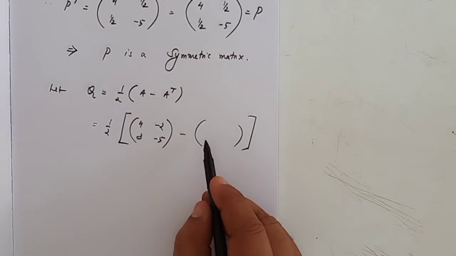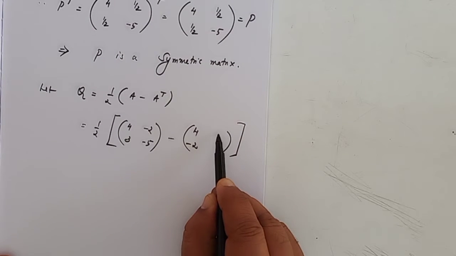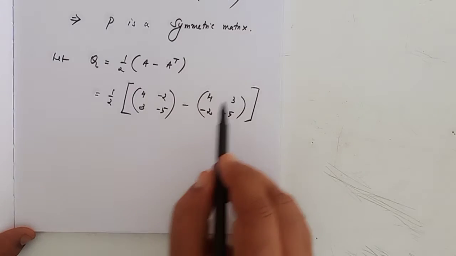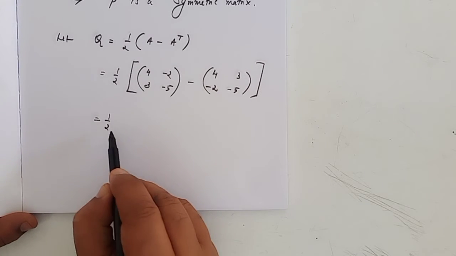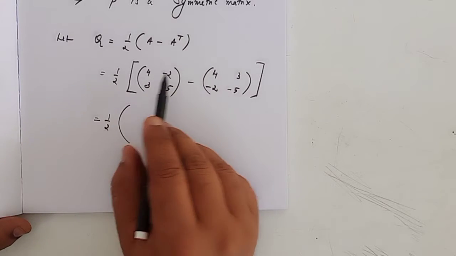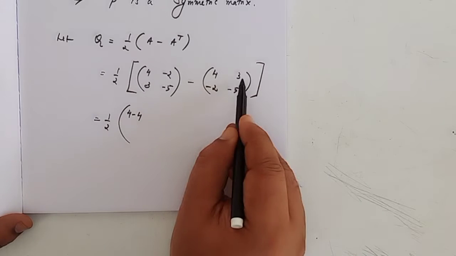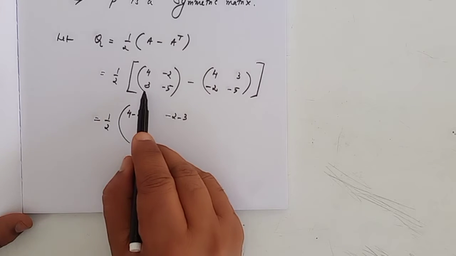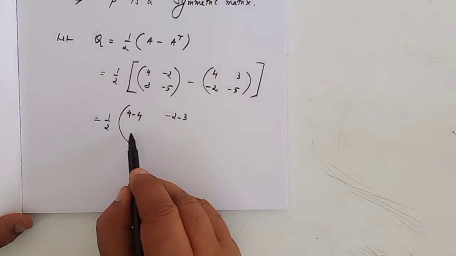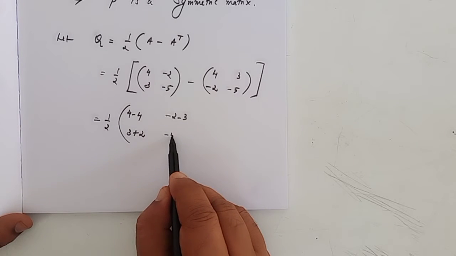Here I am going to write A transpose, that is very simple. Write the first row in first column and second row in second column. That is equal to half, and we have a minus sign, so we subtract the corresponding elements: 4 minus 4, -2 minus 3, 3 plus 2, -5 plus 5.